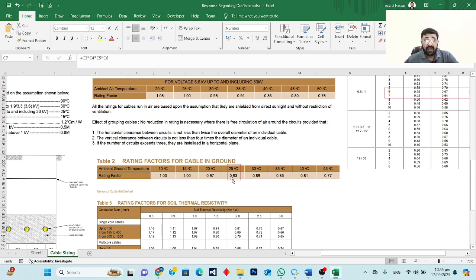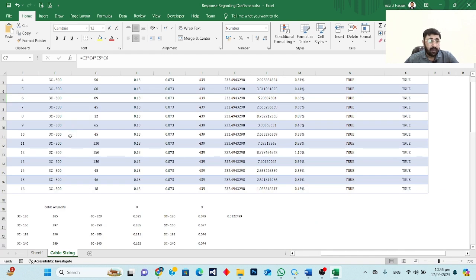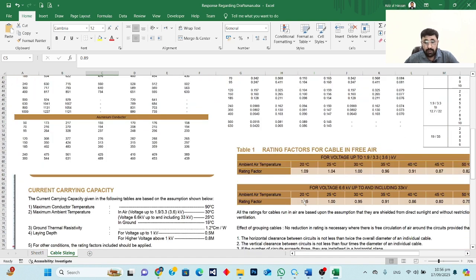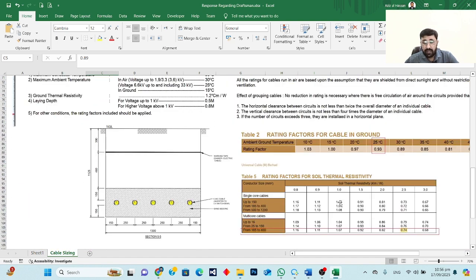Like they have 25 degrees 0.3 and at 30 degrees 0.98. So that is why, as our cables are at 30 degrees, we have multiplied with a factor like 0.89. You can see that. The other factor is the soil thermal resistivity value.